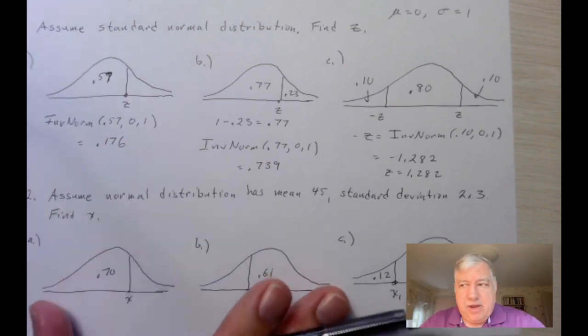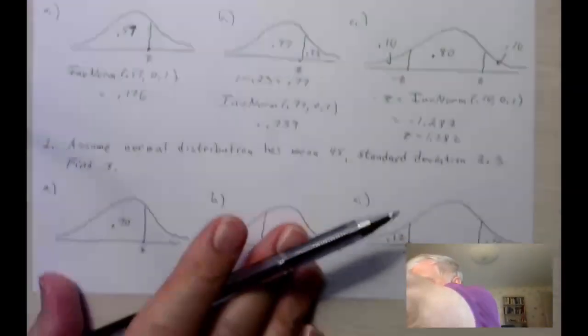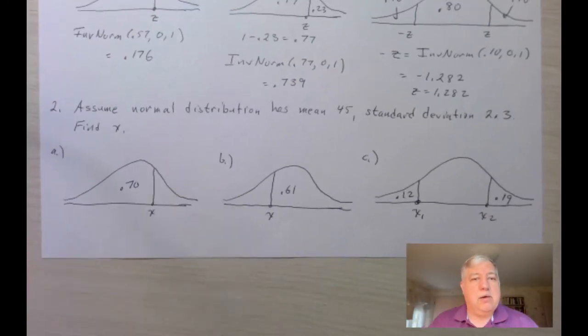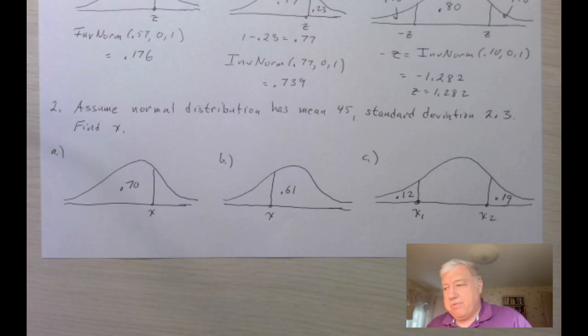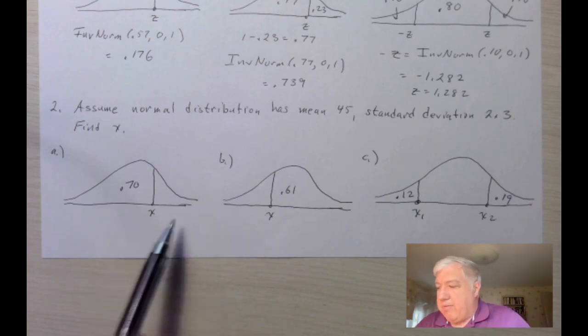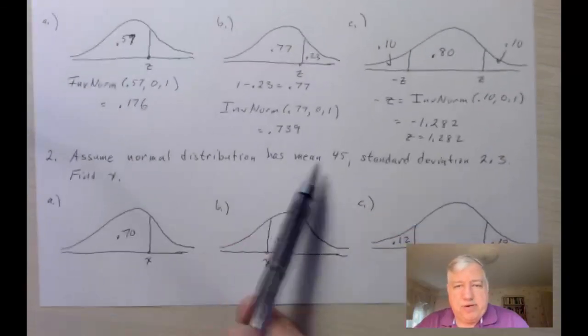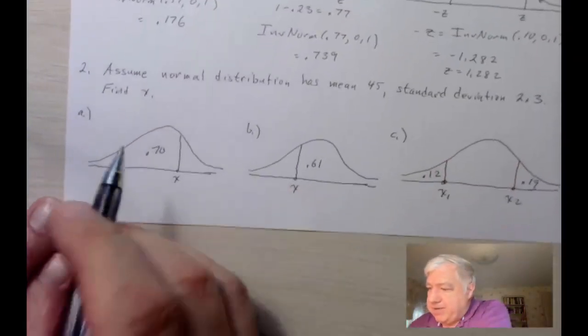Now let's say we have a different normal distribution with a different mean. Say in this case we have a mean of 45 and a standard deviation of 2.3. So now if we want to find x, we have to replace the 0 and 1 with 45 and 2.3 respectively.